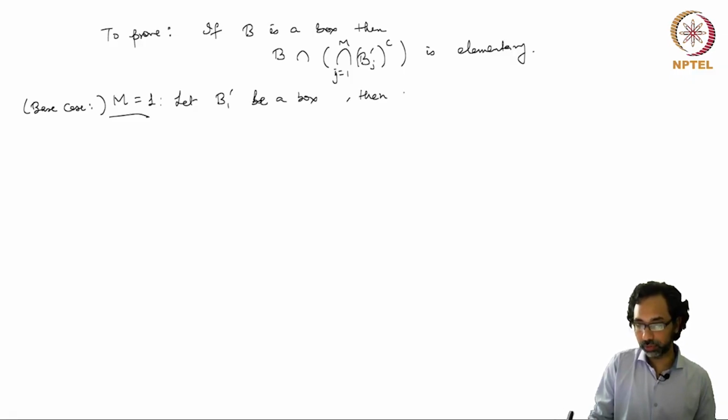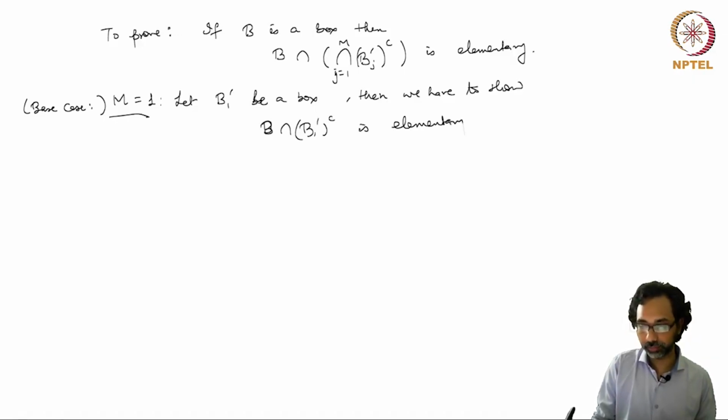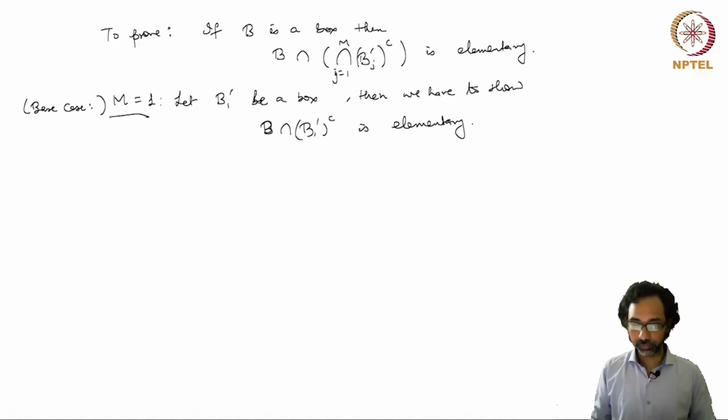Then we have to show that B intersection B1 prime complement is elementary. What we are going to do is to break it up into coordinates, and we will see what happens for each coordinate.